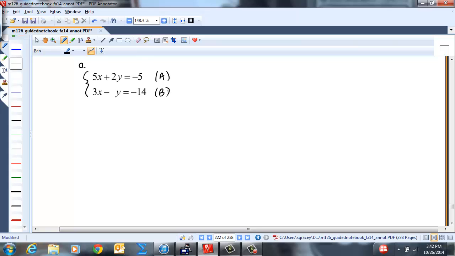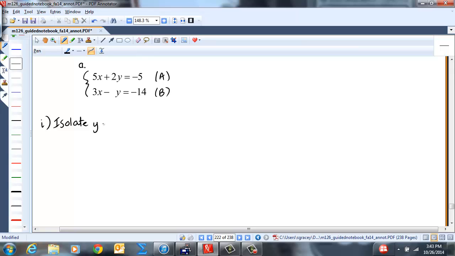We want to use the substitution method. So you pick the variable that's easiest to isolate. I'm looking at equation B, and I'm thinking we should isolate which variable do you think?